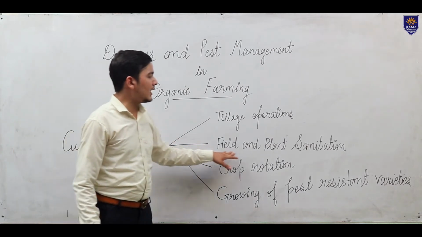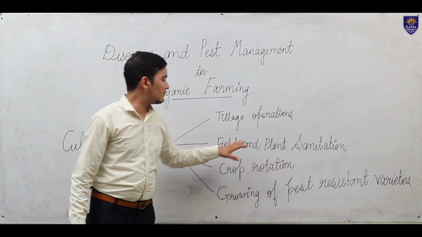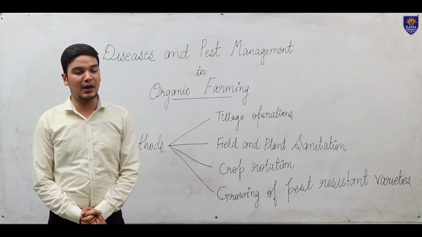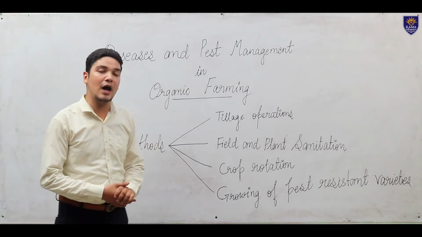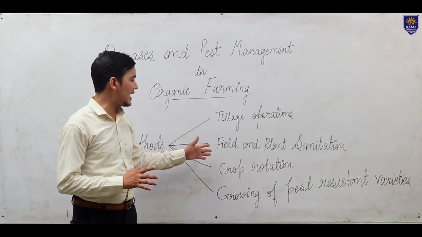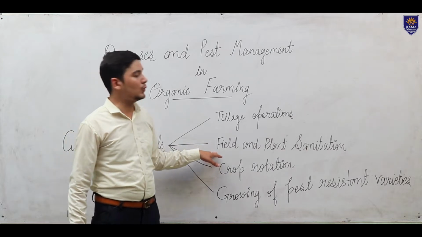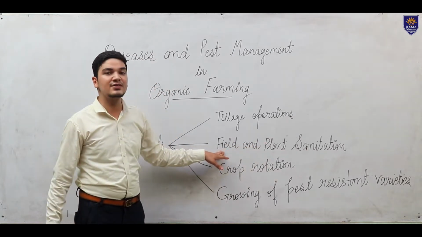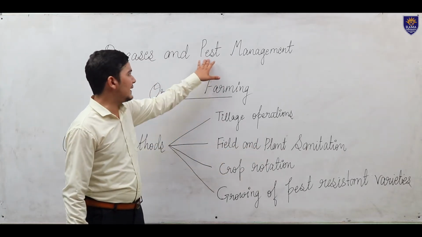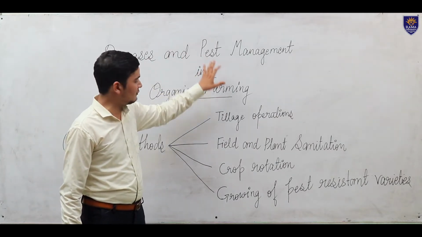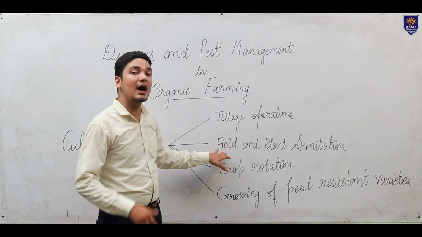In field and plant sanitation, we sanitize the field and plant. Now you would be thinking, how can we sanitize our field and plants? We have to sanitize our field in such a way that pests and diseases do not find any alternate host.